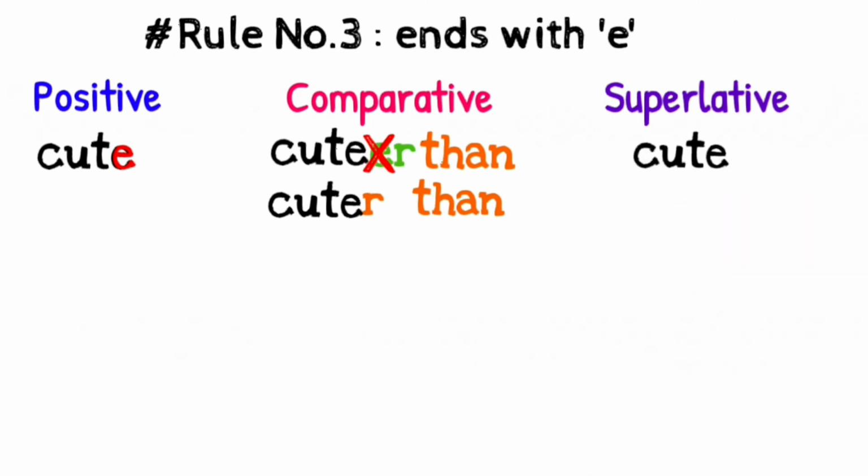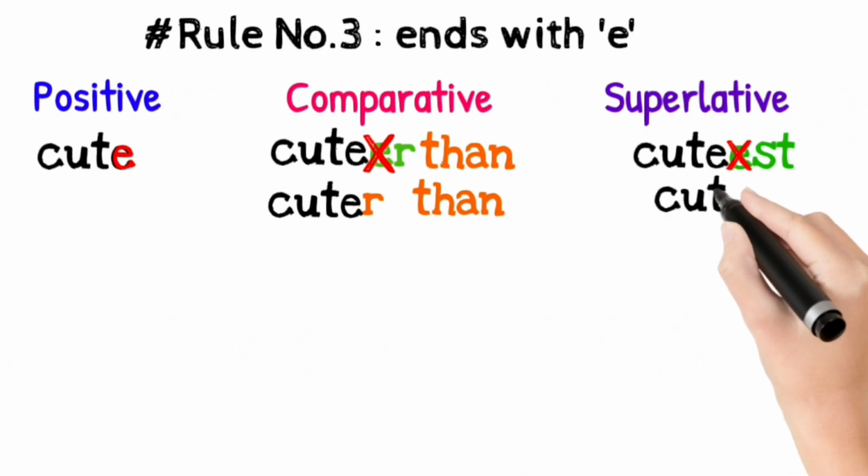For superlative adjective, the basic rule is to add EST. However, the word cute already ends with the letter E. So, we do not have to write the letter E one more time.